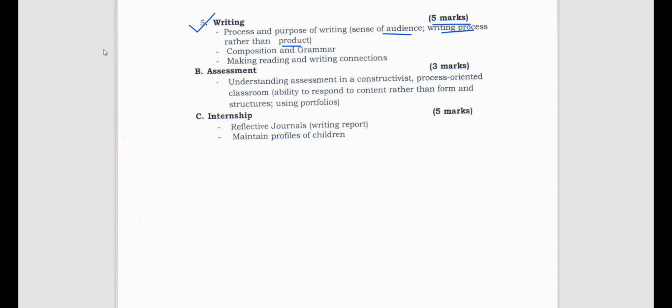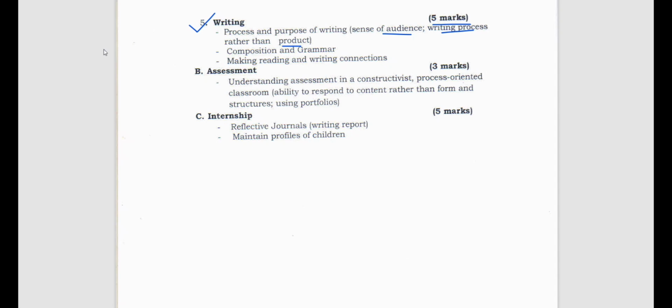Now when you are writing something, for example, you're writing a poem or a story or lyrics, you need to keep in mind first of all the type of audience you will be targeting. Sense of audience means targeting the audience, like what are the expectations of the audience in order to make my work a more productive and excellent work, right?